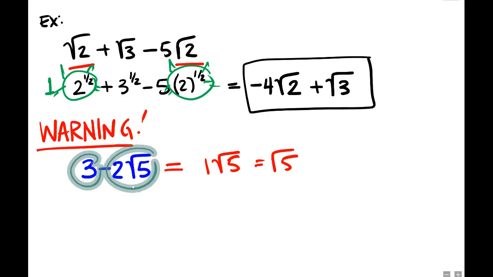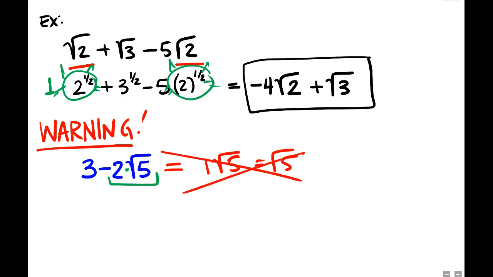You cannot combine them. And the order of operations says we need to handle this multiplication before we can handle the subtraction. So what I wrote here is absolutely untrue, and it's a very common mistake. I have seen students in much higher level classes than Math 92 making that mistake. So this is actually as simple as it gets. We cannot combine this because we don't have like terms. So take that as a big word of caution.